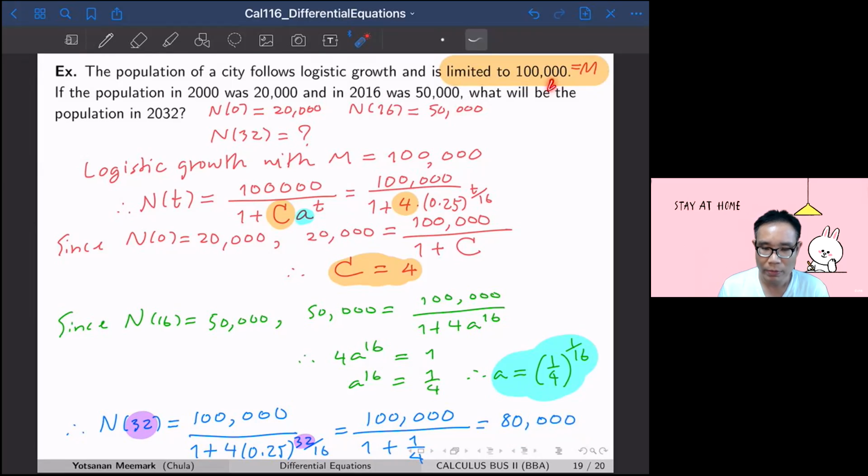However, you have the limit of 100,000 here, so it's going to give you only 80,000 people in 2032. Okay.